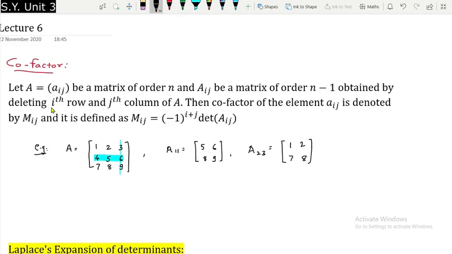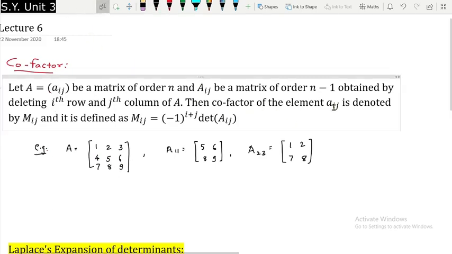In this way, this is our Aij matrix, and now the cofactor of the element Aij. Whenever we talk about the cofactor, it is of an element in a matrix. For example, this is our A12 element, which is 2, and we can find the cofactor of this element.